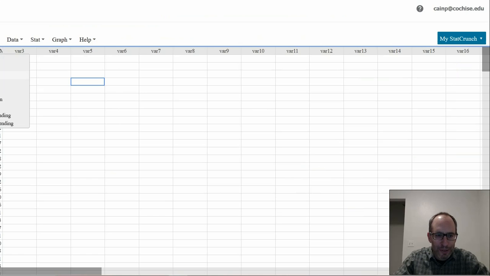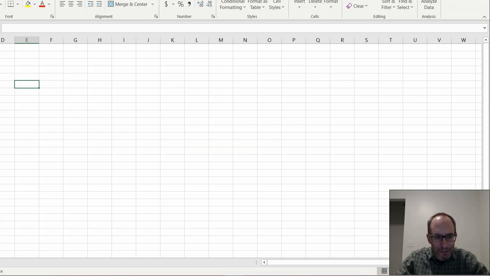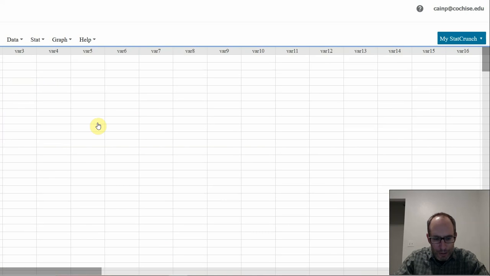So delete column, delete column. All right, now we're good to go. I already have this ready to go, so I have it right here. If I copy and then paste, that's what you would want it to look like. So if you had to retype data into StatCrunch, this is what you want to do. If you're going to put in headings, make sure they're up in the headings, not in the first row. And then you just have your data in there.